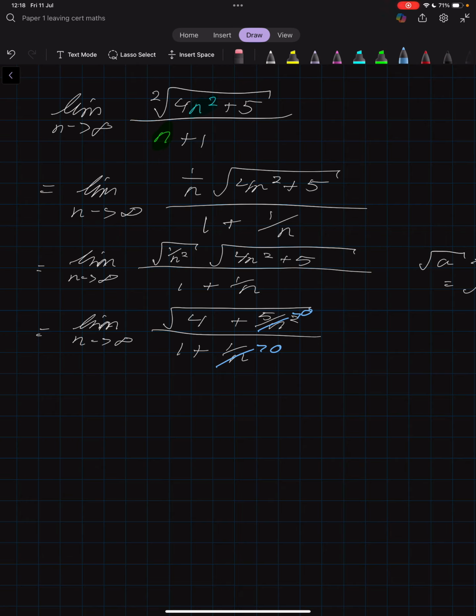Okay, so again, if you do 5 over 100 squared, 5 over 1,000 squared, 5 over 1,000,000 squared, you'll find fairly fast that will just go to 0. So I'm just left with the square root of 4 over 1, that's 2 over 1, which is simply 2. Okay? And that's it. Nothing more.